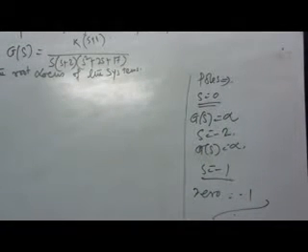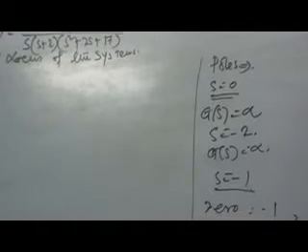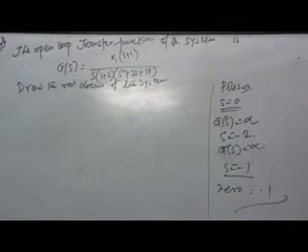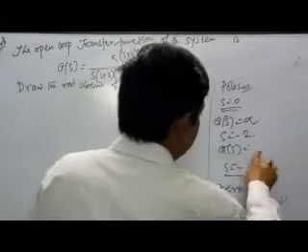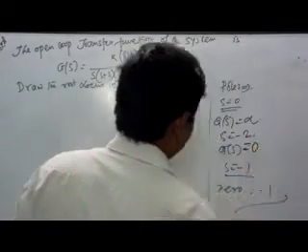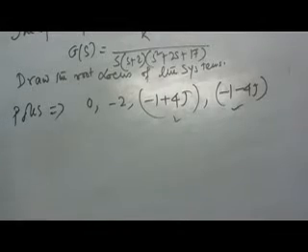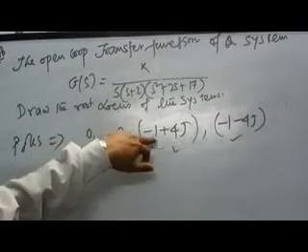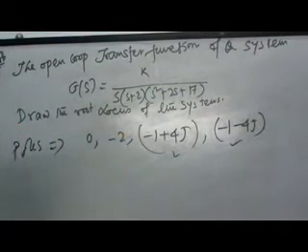Now for this particular problem, poles are located at 0, -2, -1 plus 4j and -1 minus 4j.